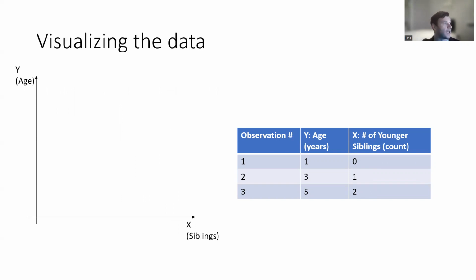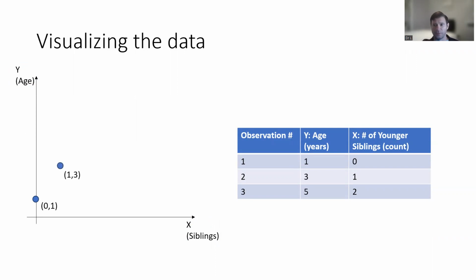And all we're going to do here is label age on the vertical axis, and we will plot siblings as the X variable on the horizontal axis. So our first observation had 1 year of age with 0 siblings. Observation 2, in the second row, was 3 years old and had 1 sibling.